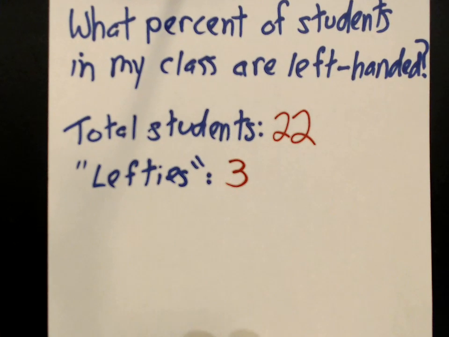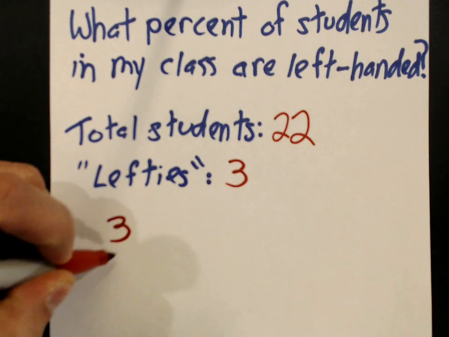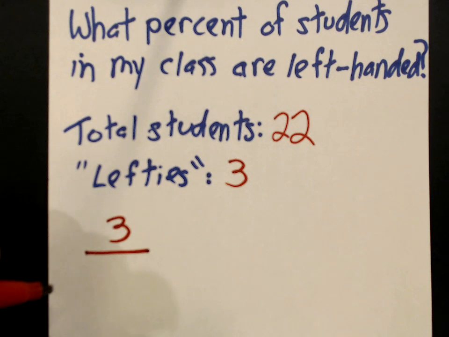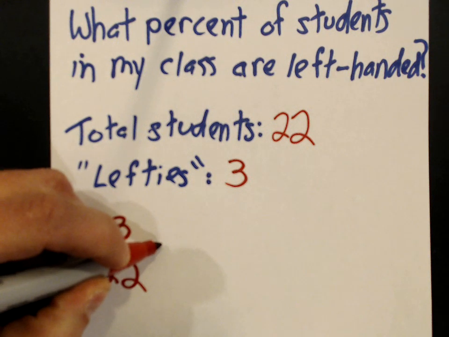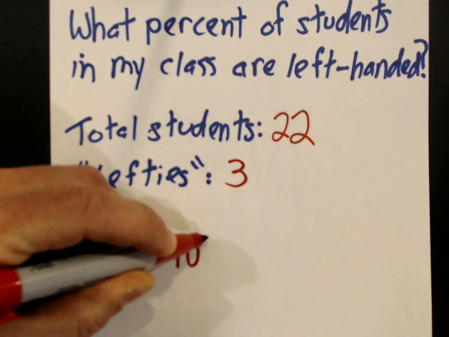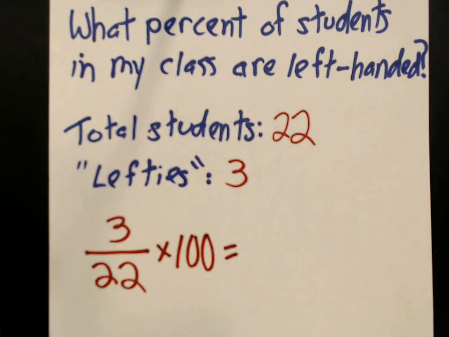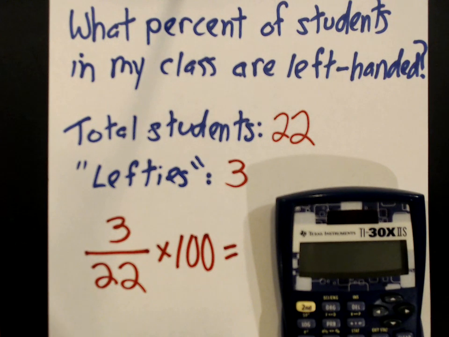That calculation is actually quite simple. We'll take 3, which is the number of lefties. We'll divide it by the total number of students, which is 22. And we'll multiply by 100. And we'll do that here in our handy-dandy calculator.